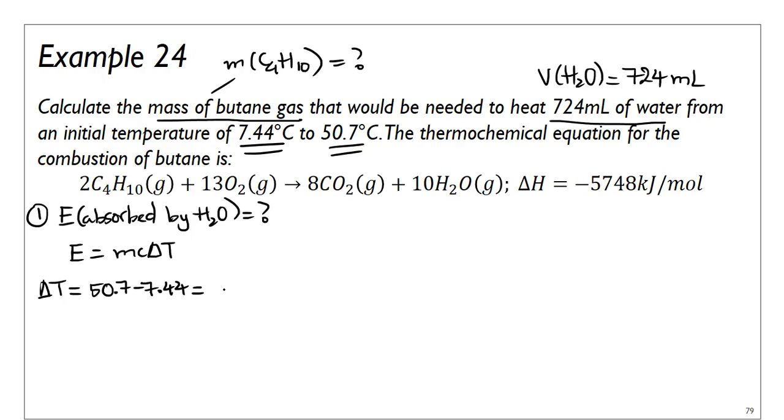So 50.7 minus 7.44, 43.26 Celsius degrees is the change in temperature.